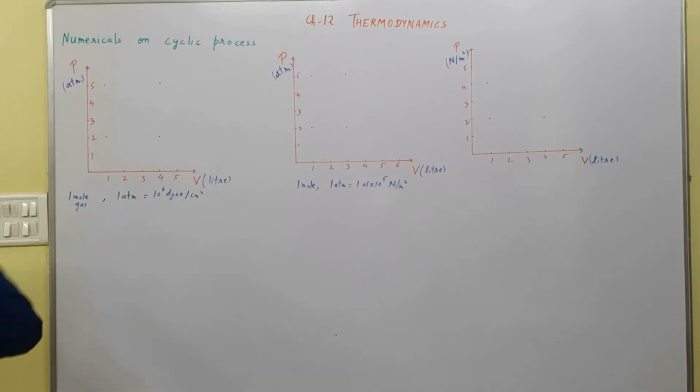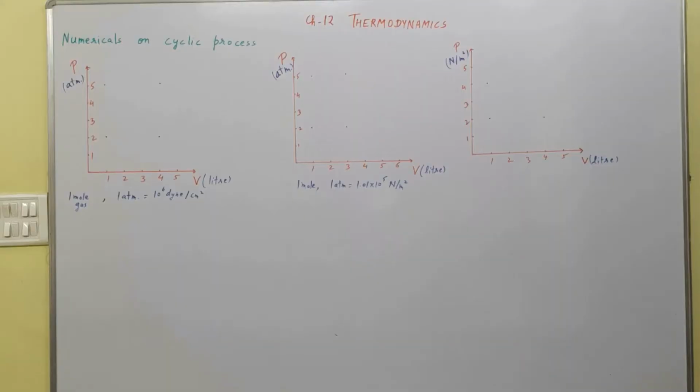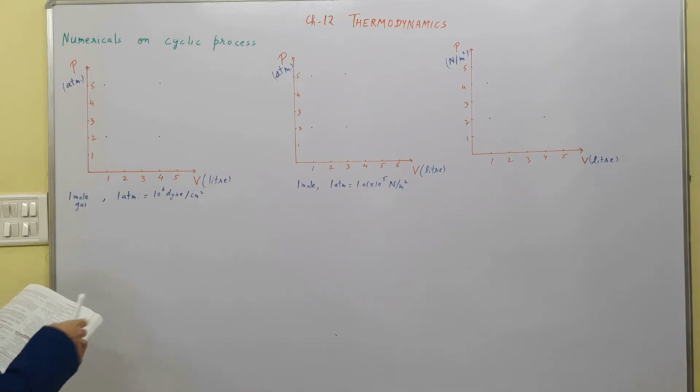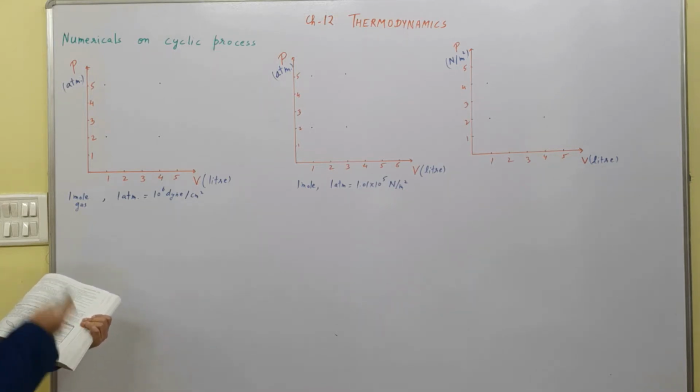So here in this question, 1 mole of an ideal gas undergoes a cyclic process ABCD from the given diagram. Calculate the net work done in the process where 1 atmosphere is 10 to the power 6 dyne per centimeter square, right?